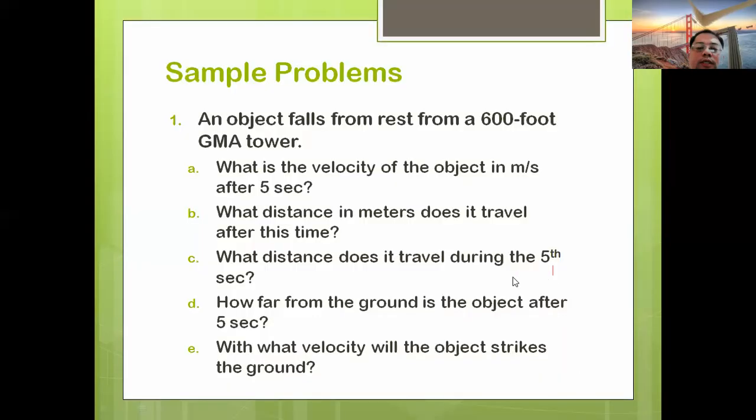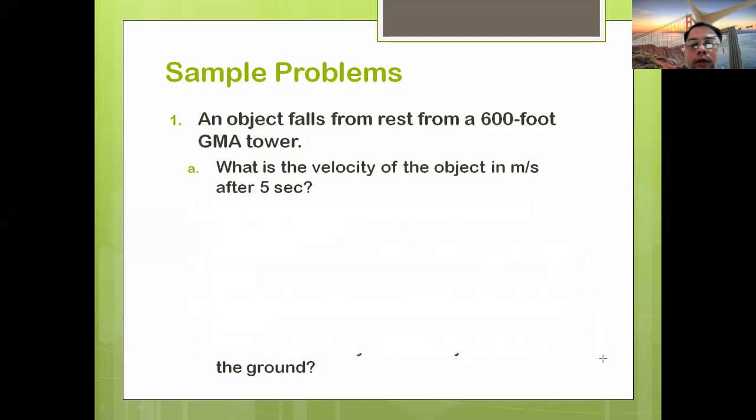Okay, so we go to this example. We will try to apply our knowledge of the free falling body. So let's start with letter A. Now, an object falls from rest. So we can say that the initial velocity of the body is the one provided at the very start.